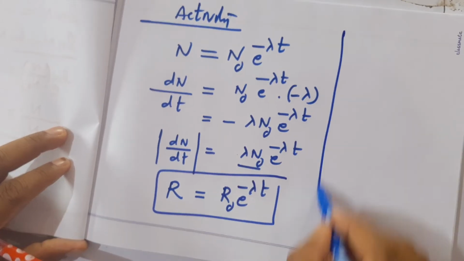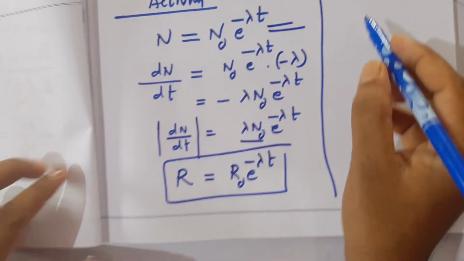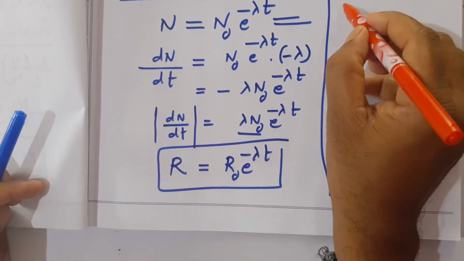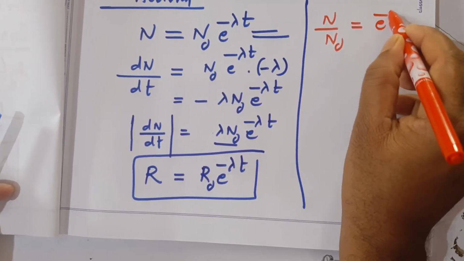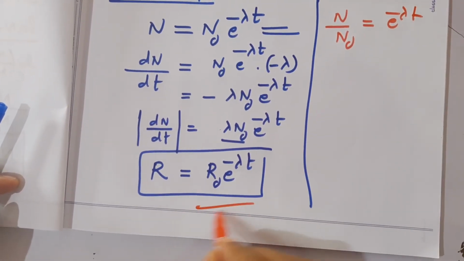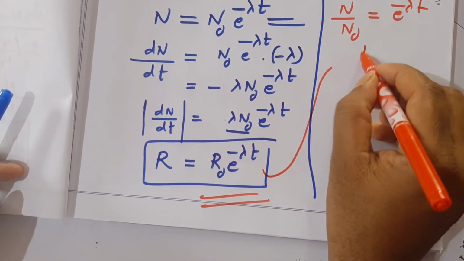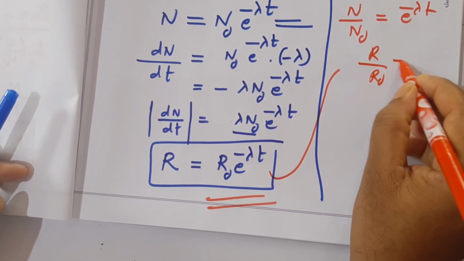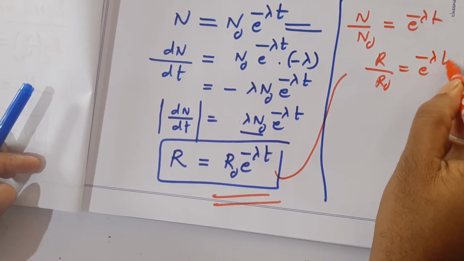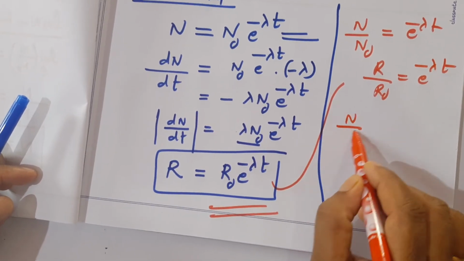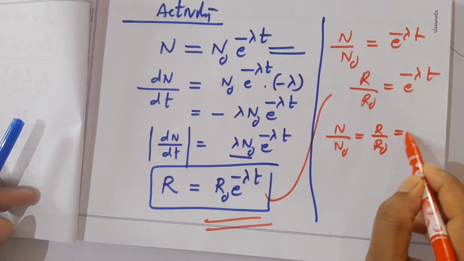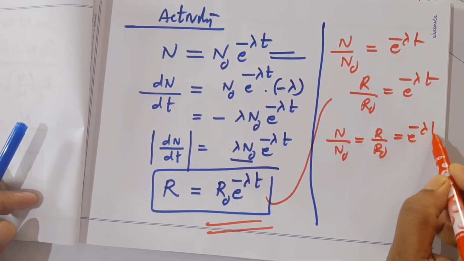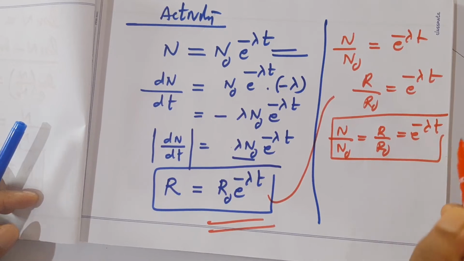From the earlier equation, N by N0 equals e power minus lambda t. From this equation, R by R0 equals e power minus lambda t. So N by N0 equals R by R0 equals e power minus lambda t.